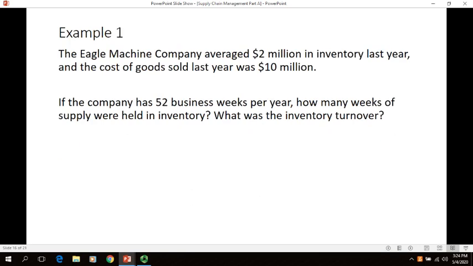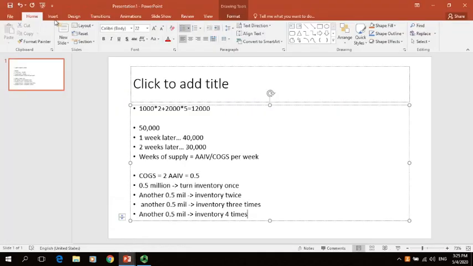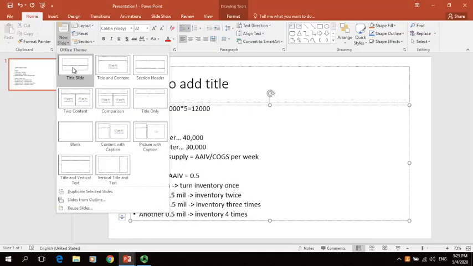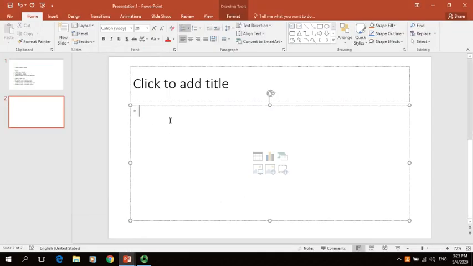Now let's try a couple of examples. The Eagle Machine Company averages $2 million in inventory last year. So it just tells you how much your inventory is worth at any point in time. So AAIV is $2 million.